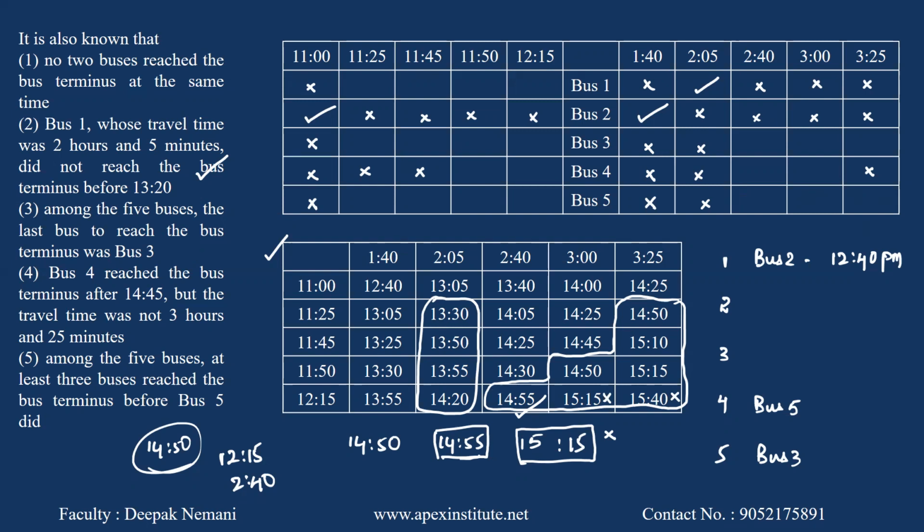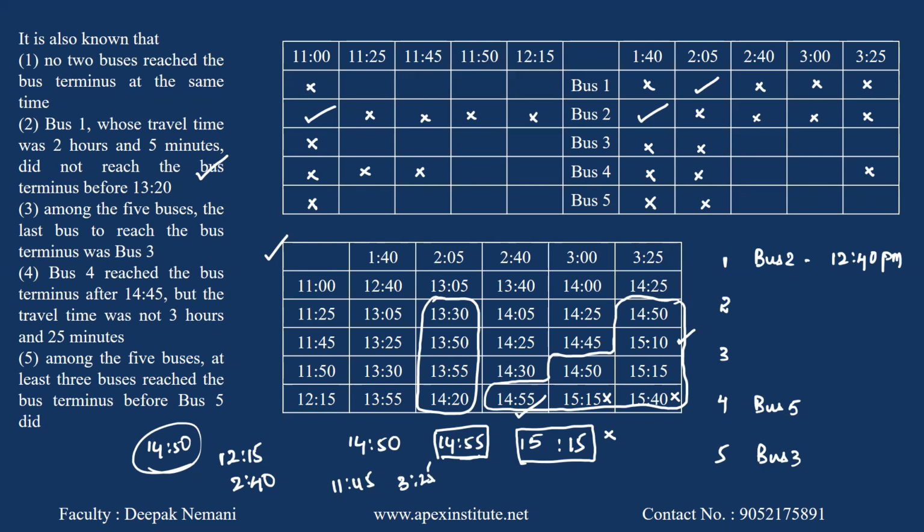Okay, so if I assume that bus 4 is reaching the destination at 14:55 by starting at 12:15 and traveling for 2 hours 40 minutes, then the reaching time of bus 5 can be either 15:10 or 15:15. For example, if I consider this 15:10, in that case, you will be having bus 5 starting at 11:45 and traveling for 3 hours 25 minutes.